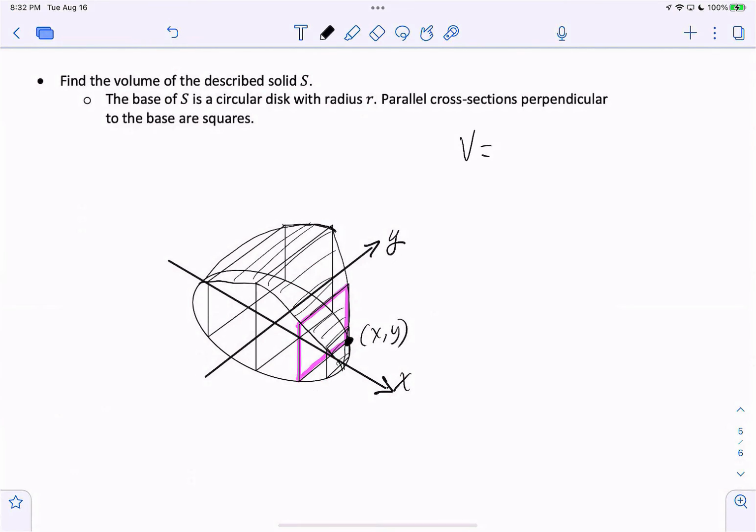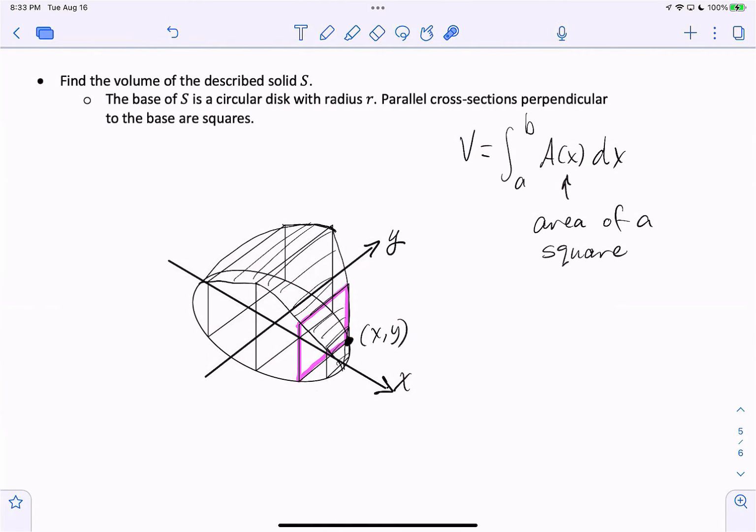This volume is going to be an integral from a to b of A(x) dx, where A(x) is going to be the area of a square. Now, hang on. If you're paying attention, we're going to integrate with respect to x. And that should make sense, because if we were to rotate this, you would see that a representative rectangle is oriented with a delta x. But the width of this rectangle is 2y, because we're talking about the distance from the x-axis.